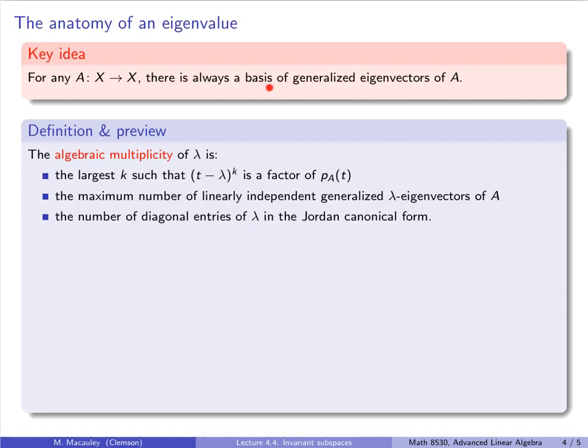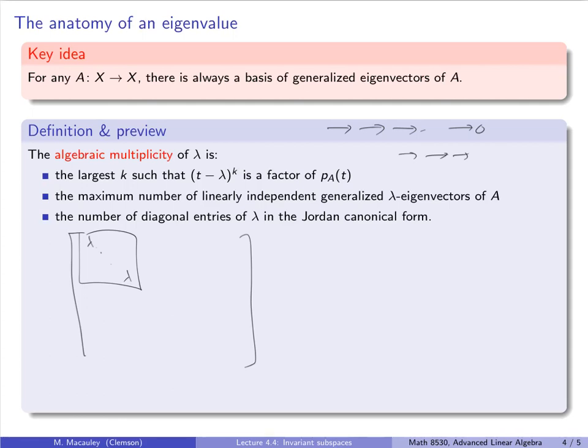This key idea in matrix form is just the Jordan canonical form. And that says that the algebraic multiplicity is the number of diagonal entries. So remember what that means. Every one of these generalized eigenvector chains corresponds with a Jordan block. And there's a diagonal entry in each of these.